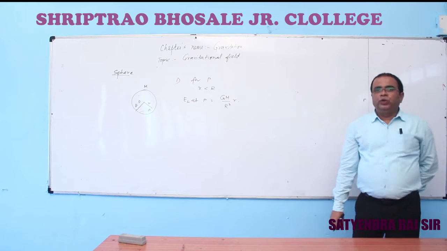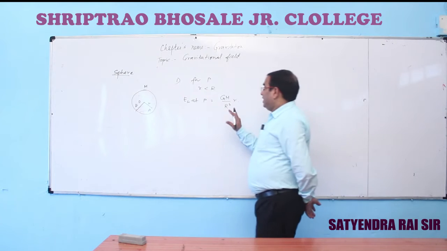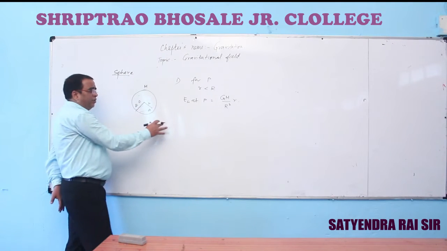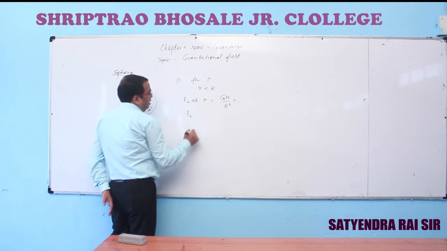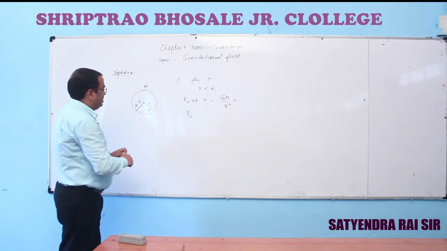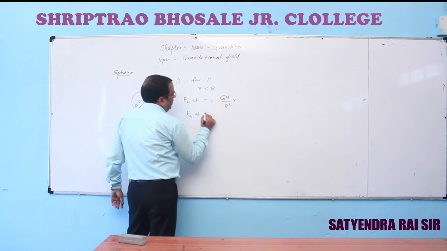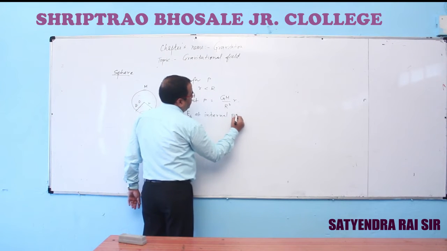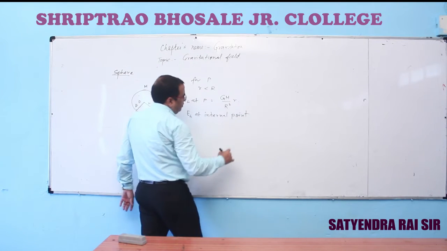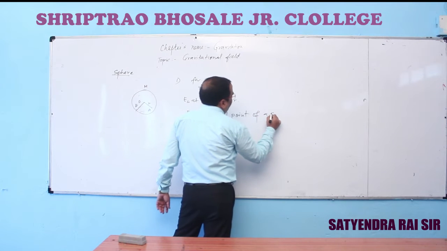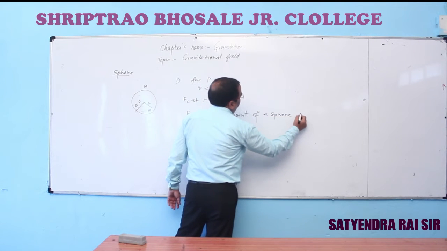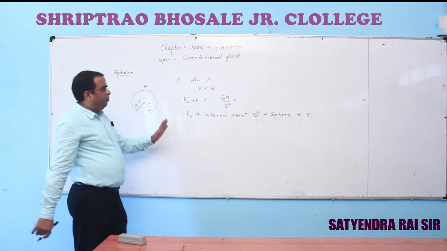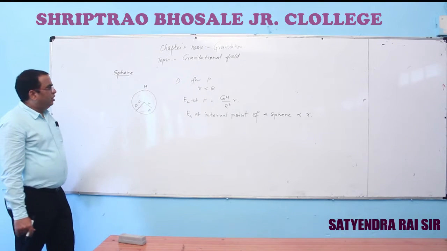That is the expression for E at an internal point. Eg at an internal point of a sphere varies directly with its distance from the center. It varies directly with r.